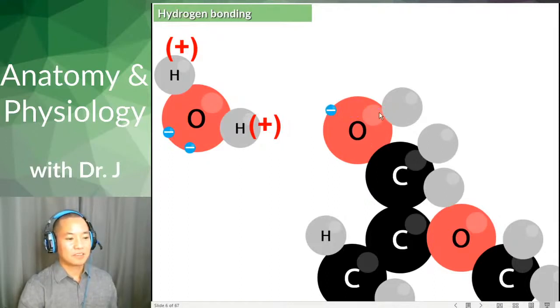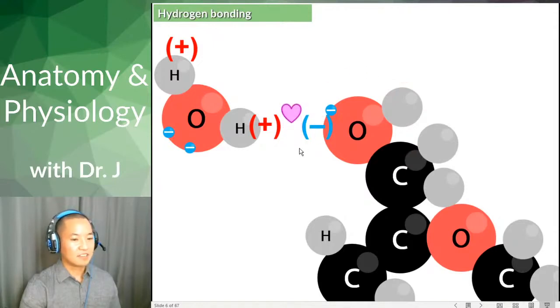Here is another hydrogen atom and another oxygen atom. Between the two, oxygen tends to hold on to the electrons a little longer than the hydrogen atoms. Therefore, in glucose, oxygen at this position is also slightly negative. So what we have here is an attraction between this water molecule and this part of a glucose molecule.